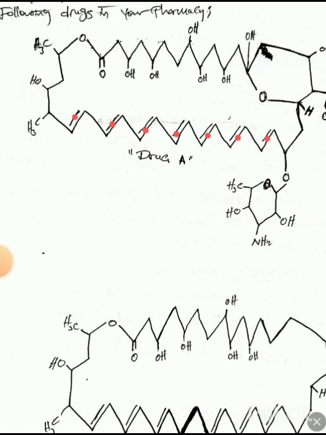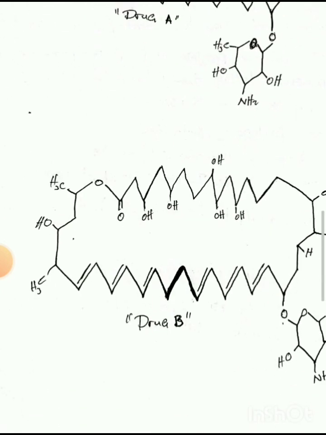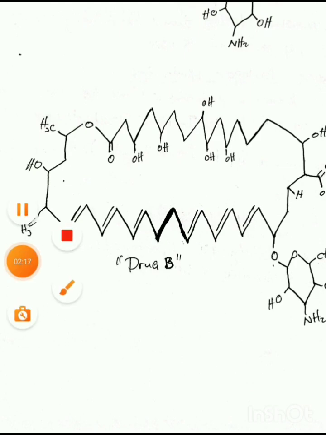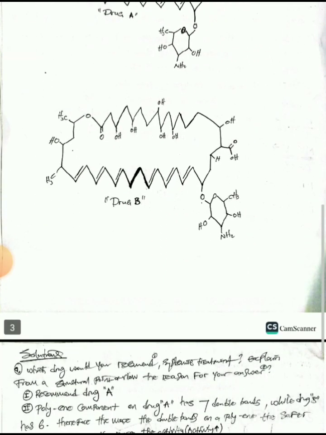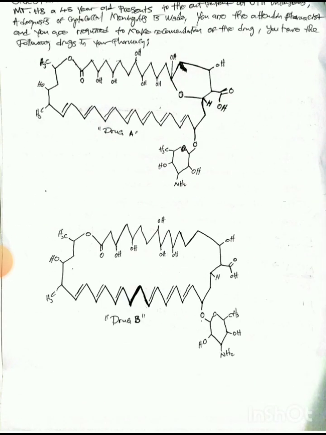That is more double bonds as compared to drug B. With regards to polyenes, the more double bonds, the safer the drug. Drug B has 1, 2, 3, 4, 5, 6, so it has one double bond less than drug A. This qualifies drug A to be used for systemic treatment.